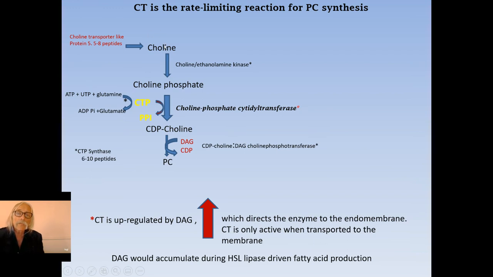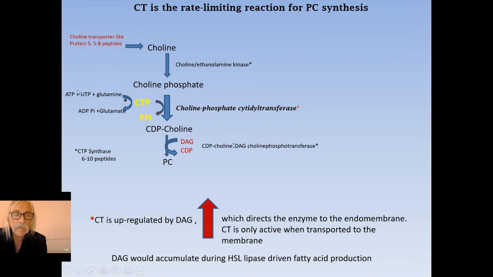Once choline is introduced, there's an enzyme called choline kinase, but also it will react with ethanolamine. Remember, choline is just trimethylated ethanolamine, right, which comes from serine, right, after decarboxylation of that amino acid, don't you know? So these kinases then will generate choline phosphate.